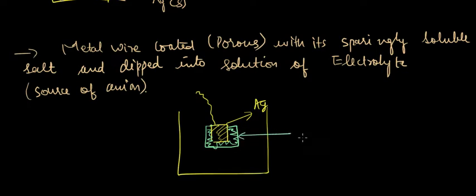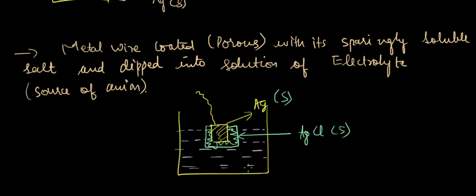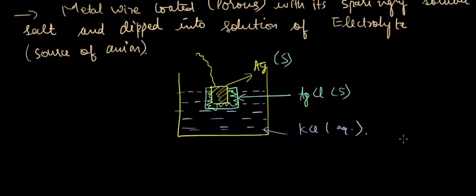So let's say we have the coating of AgCl(s), and the whole apparatus is dipped in a solution of electrolyte which can provide anion, or which is the source of anion. So we can have KCl aqueous as the source of anion. Okay, so this is the whole apparatus set up in this type of electrode.